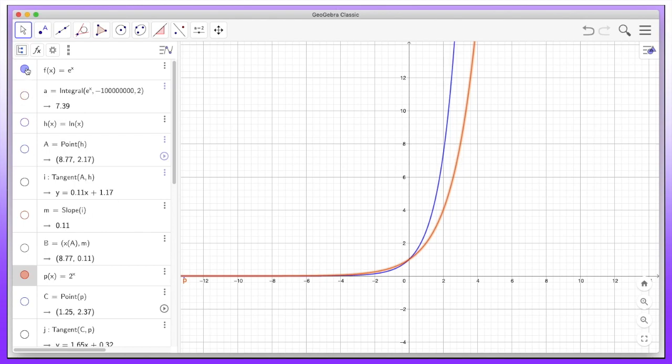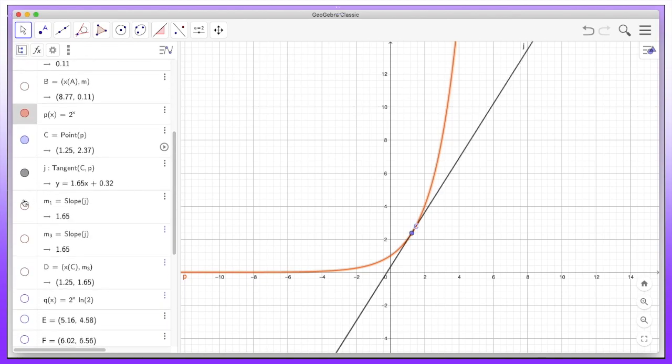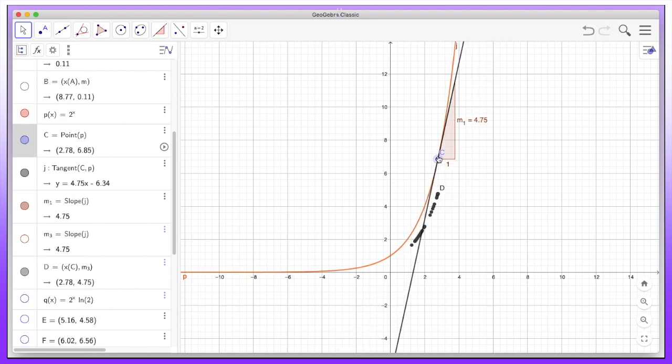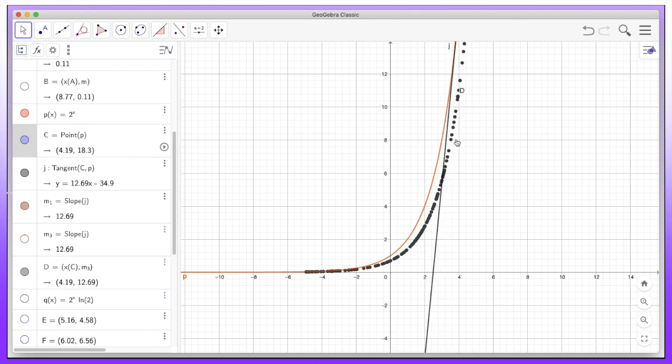So if I take away e to the x, I've got 2 to the x. Now again, if I use my method to find the gradient function, and I plot my point, if I drag this one around, what you notice is you get an exponential graph.